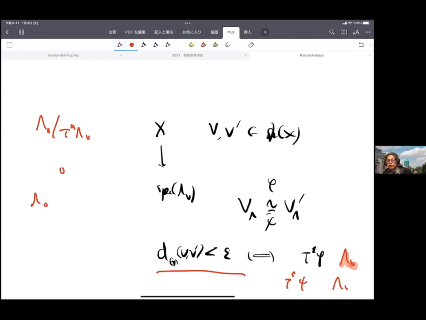And I think the correct way to think is that you consider all blow ups and take the inductive limit. That I think is what rigid geometry is doing.